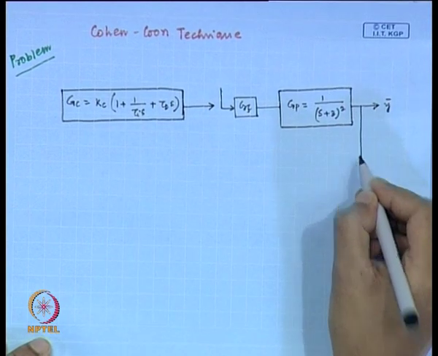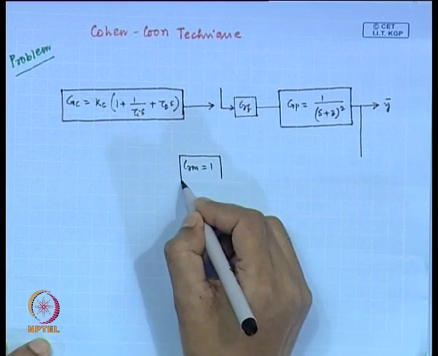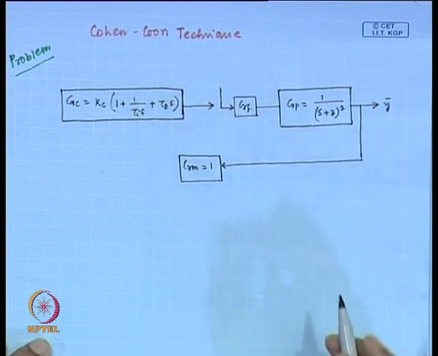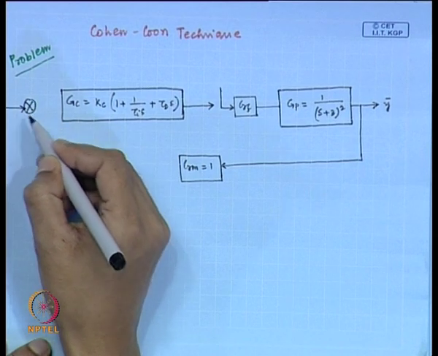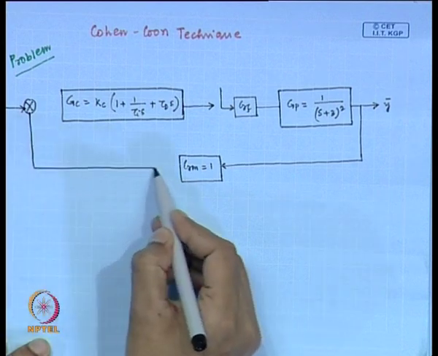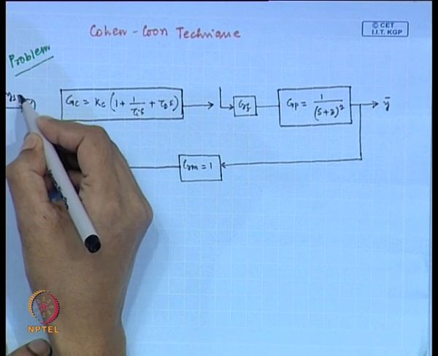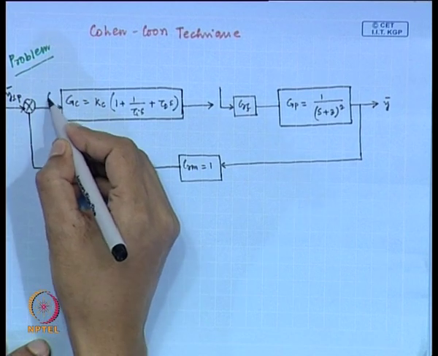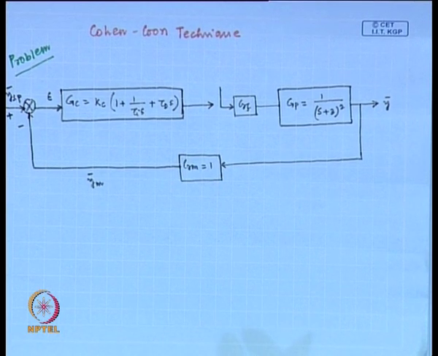Then this output is measured, and the measured signal is then compared with the set point value. So, this is basically not the closed loop block diagram, we have disconnected here.